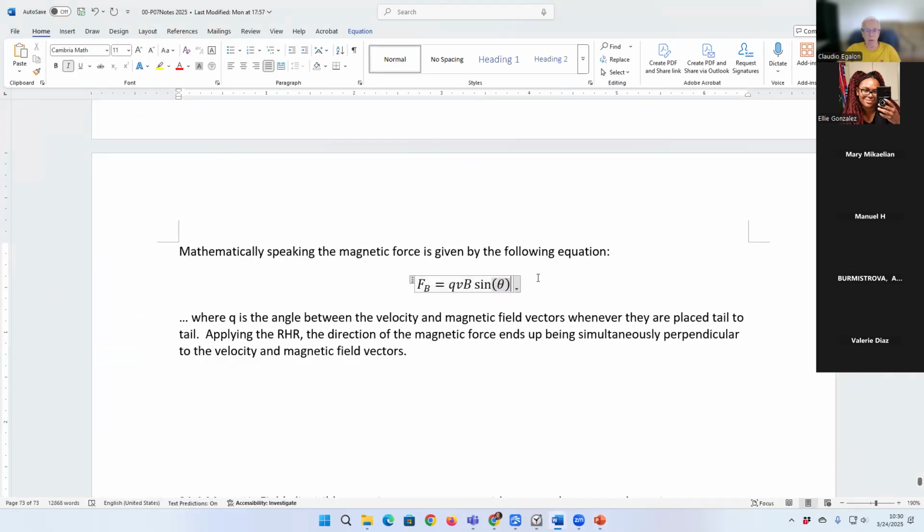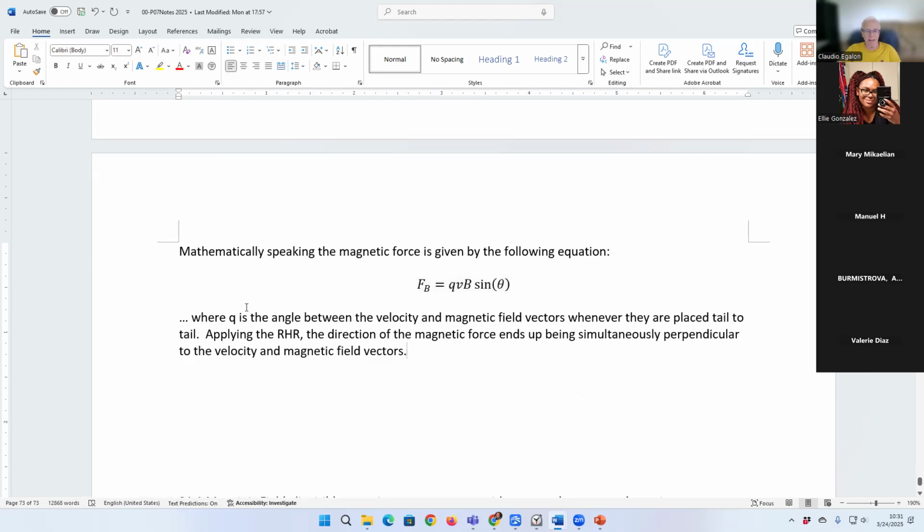So that is the most generic equation for the magnetic force. Now, you can double check that. If theta is equal to 0, the magnetic force is equal to 0. If the velocity is equal to 0, the magnetic force is equal to 0. If theta is equal to 90 degrees, the magnetic force is going to be QVB. See that?